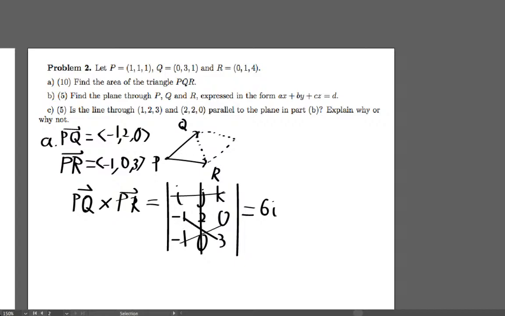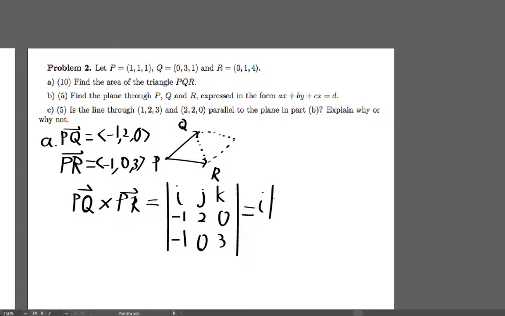That would be -3, but for the j it would be a plus. Oh wait, no, sorry, actually, instead I will just write this in a much more friendly way.